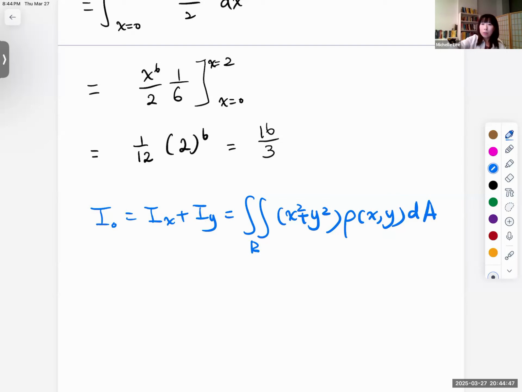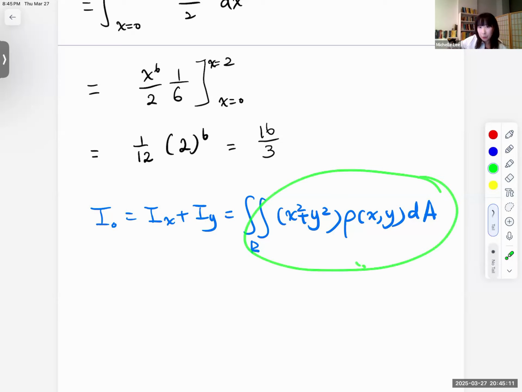Okay. Let's do it. Let me write down the limits first. Let's do the double integration first, because we are taking calculus 3, right? Then we check this one later.